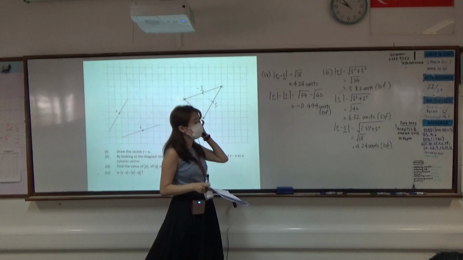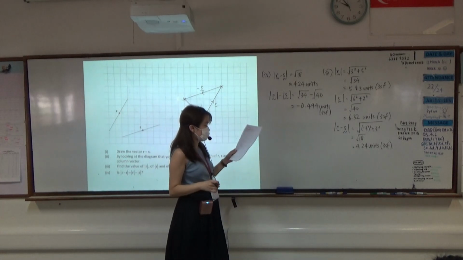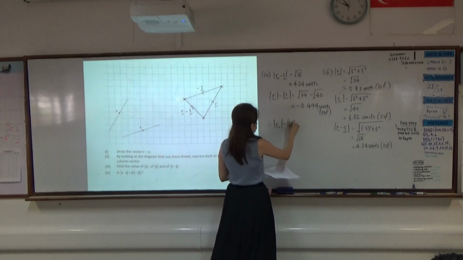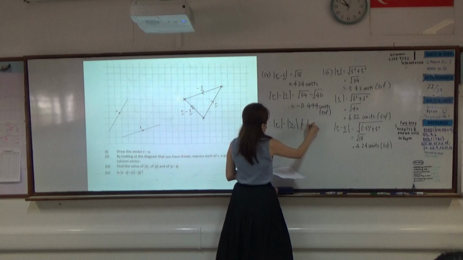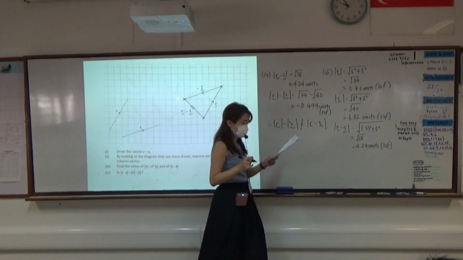If we subtract the individual magnitudes from each other, we get a negative value. So therefore, they are not equal.